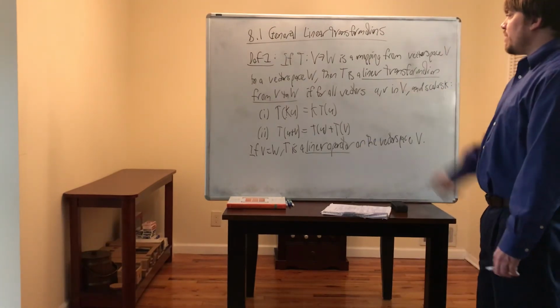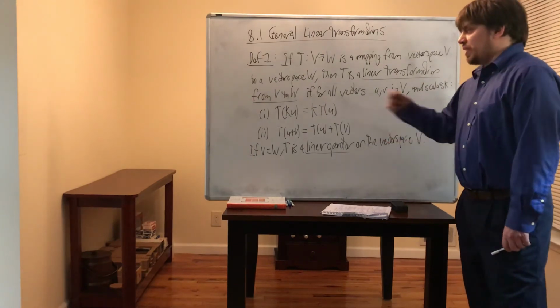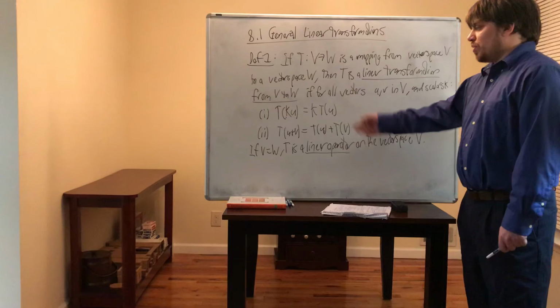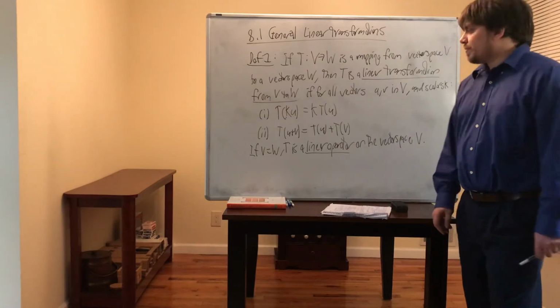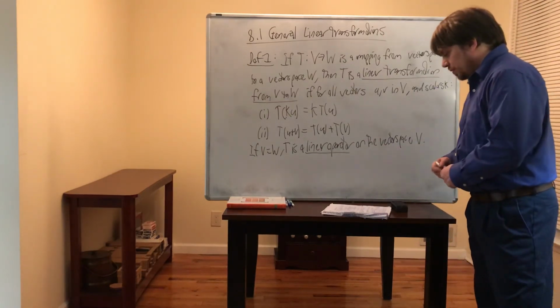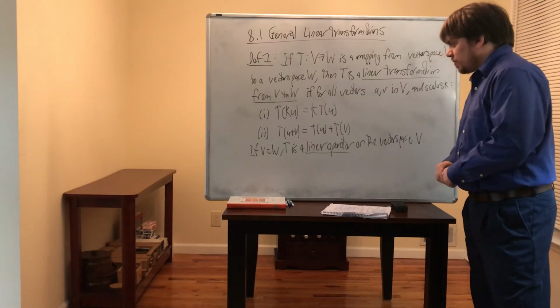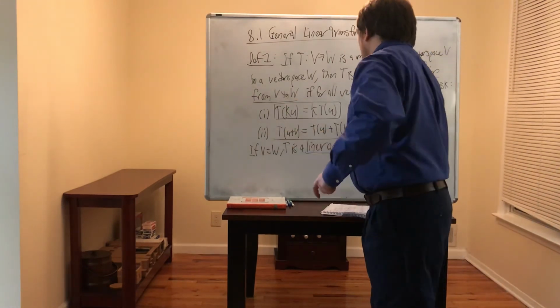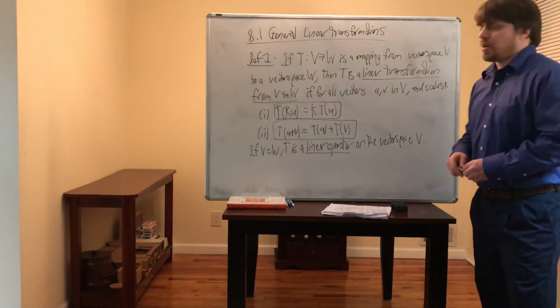And so here we have the definition of a linear transformation from V to W: a function for which these two properties hold. So you want to keep this equation in mind and this equation in mind. Those two equations you want to know.